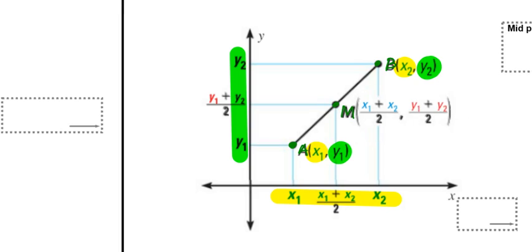So your midpoint formula is simply x plus x divided by 2 and y plus y divided by 2. It's just a matter of doing the midpoint formula twice. So pay attention to that, and that also is something that you want to make sure that you can do.